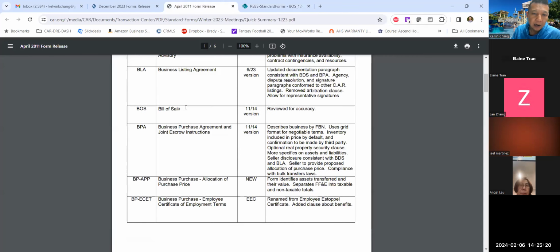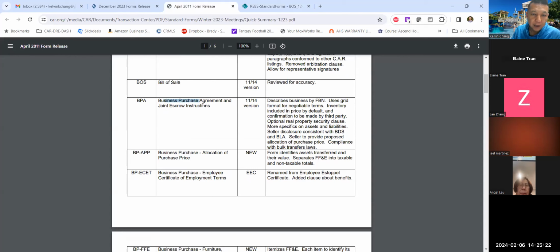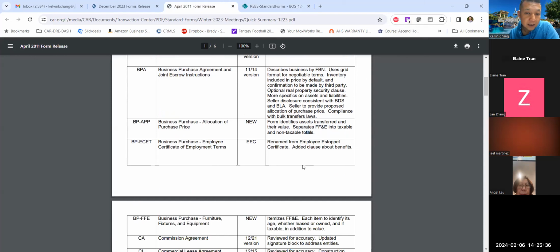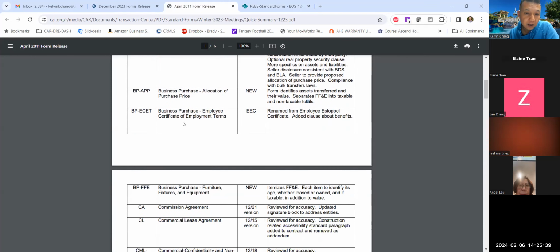Good. So now, if no questions, there is a new business purchase agreement, allocation of the purchase price, separating your furniture, fixtures, and equipment into taxable and non-taxable totals. This makes it a lot more detailed for those agents who do businesses, and also a certificate of employment for each staff.